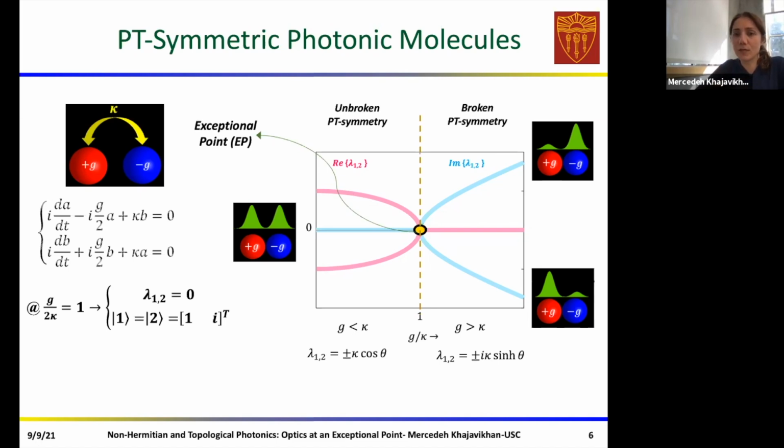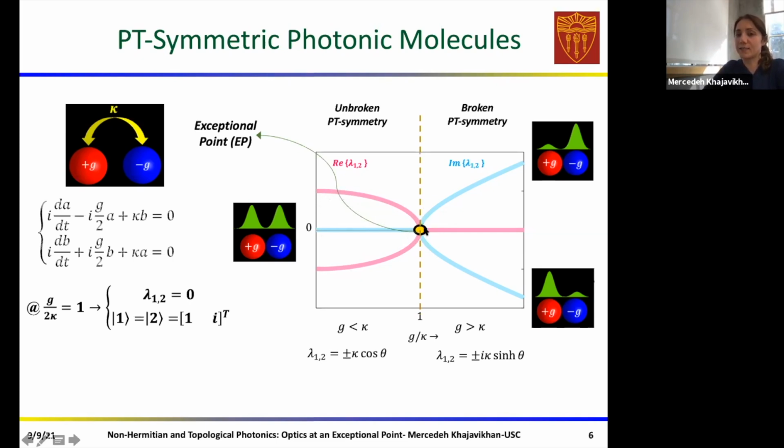If you have 2 resonators next to each other that are coupled, the system behaves exactly like what you expect from hydrogen atoms: when you bring 2 hydrogen atoms next to each other, there is a level repulsion, and the odd mode and even mode become separated in frequency, or in energy level. You see the same thing here: the 2 eigenvalues become separated in the real domain.